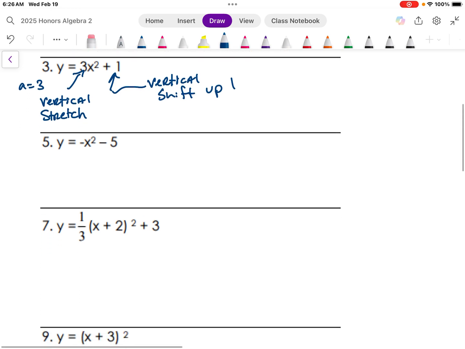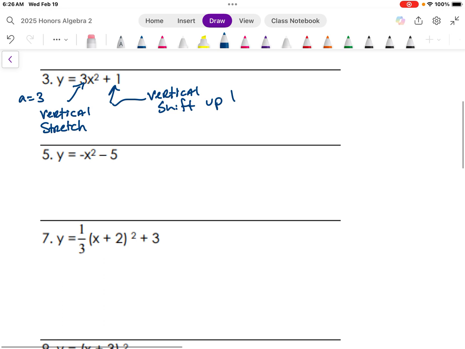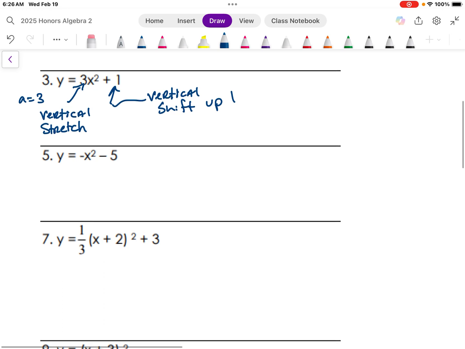All right, next one here, again, I see two things take place here. And if you want to work ahead of me, you're more than welcome to. So I see something out front, and I see something at the back. The negative out front, that's basically my a value being negative. My a is negative 1. So this tells me that I reflect this over the x-axis, so it's going to open down is what's going to end up happening.